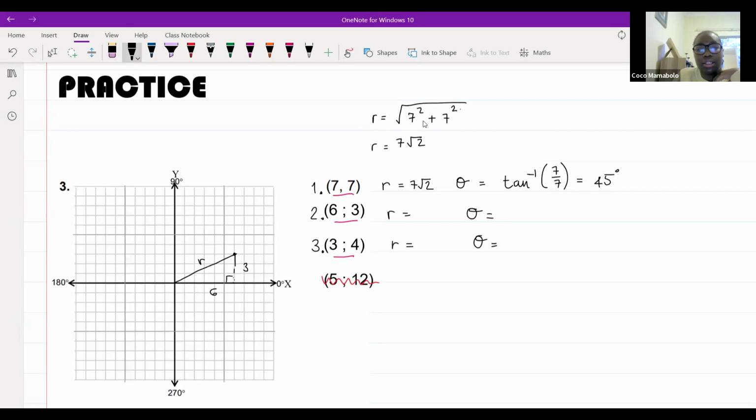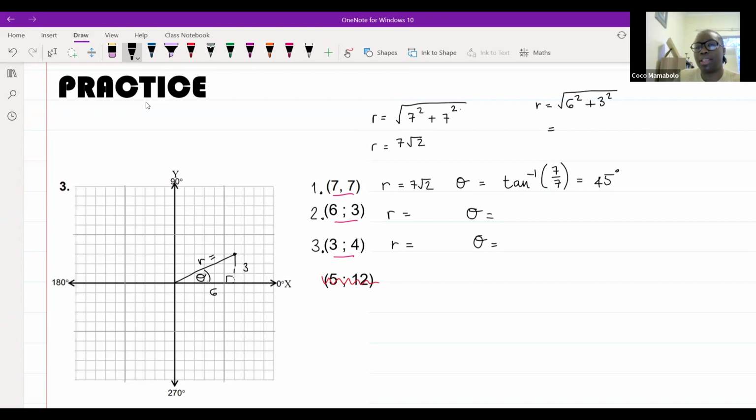That is now R, and I need to find the length of R and theta. So in order to find R, R is equal to the square root of 6 squared plus 3 squared, which is the square root of 36 plus 9, which is 3 root 5. Okay.